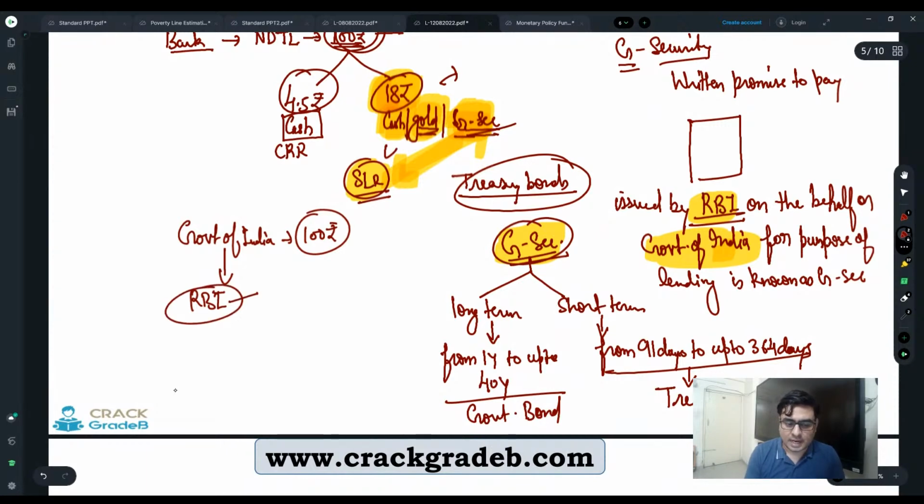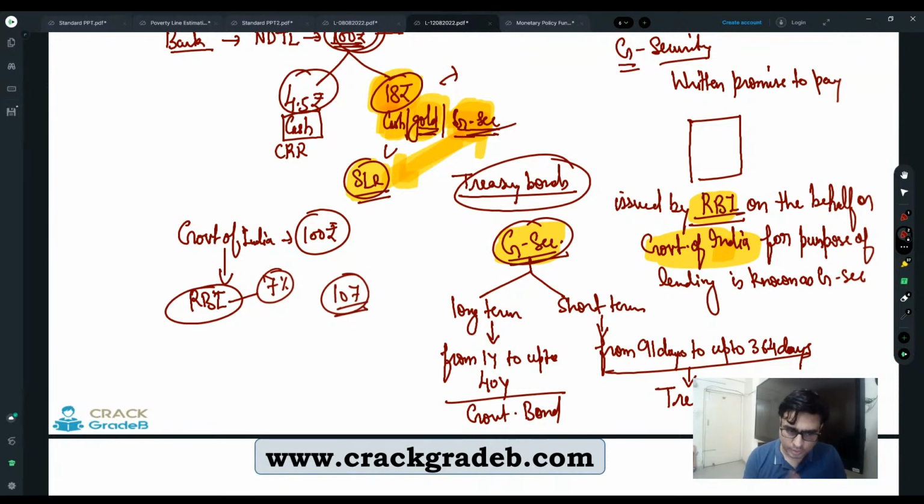The Reserve Bank of India says that the money will be available but you have to pay 6% or 7% interest. That means at the end of the tenure you have to pay how much? 107 rupees. The government said okay.